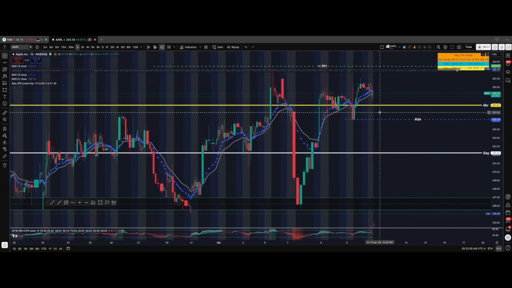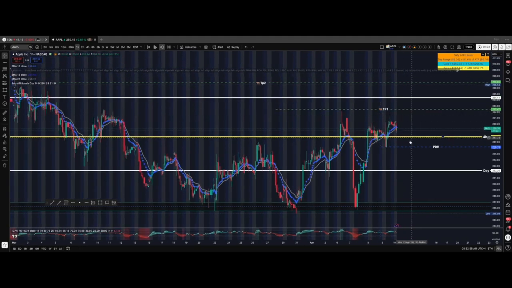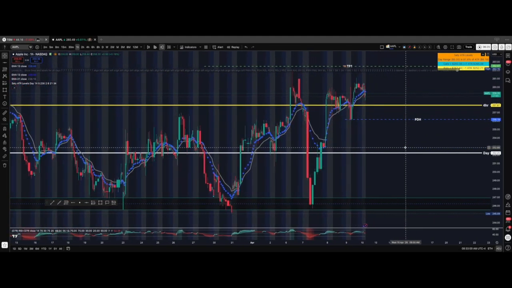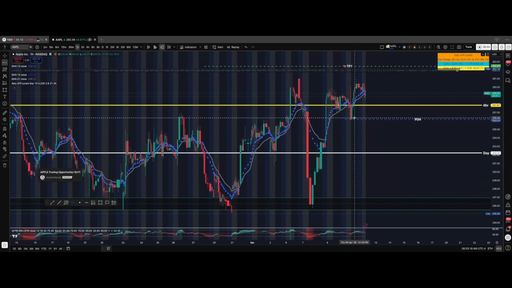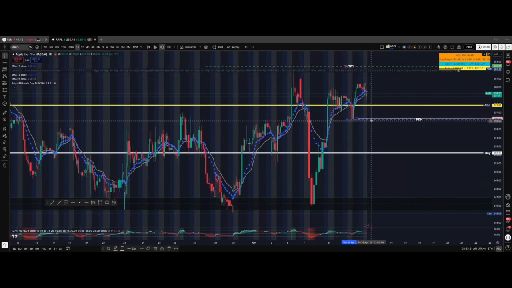So, where would I think price would go downwards? Well, I still think it has to grab all this volatility that's in here, right? So if it gets past there, I think my first take profit on the other side would be around here, right next to this previous day high.